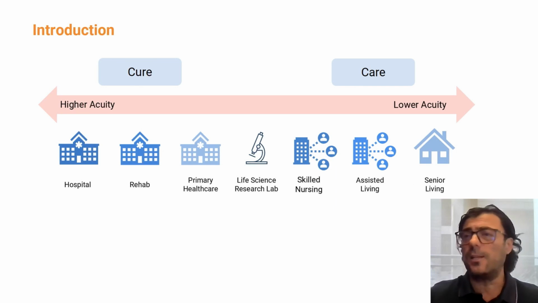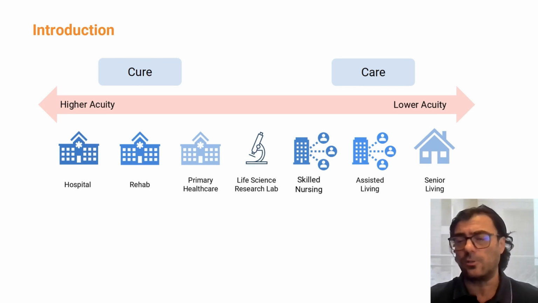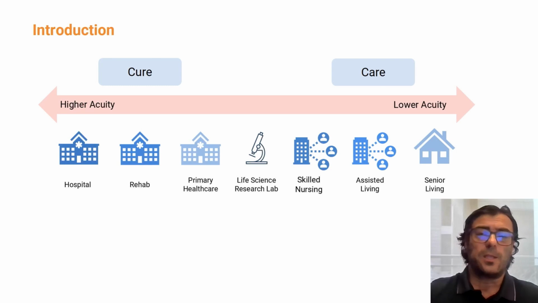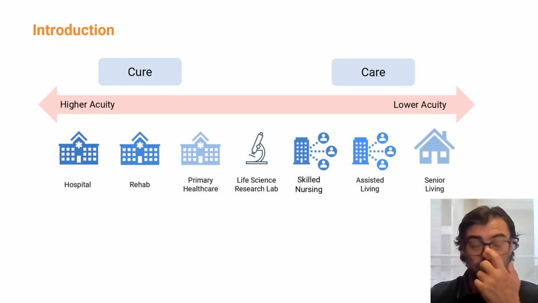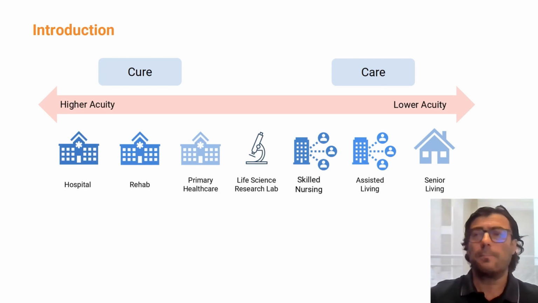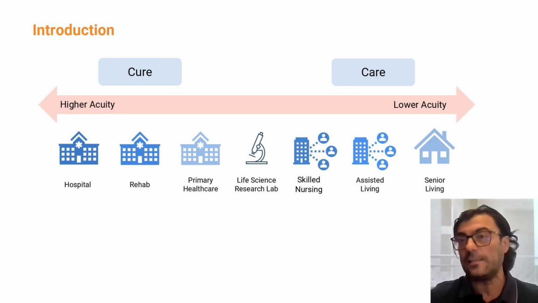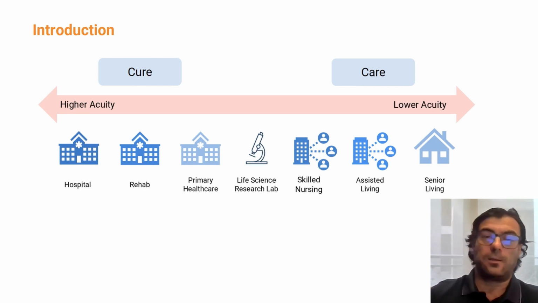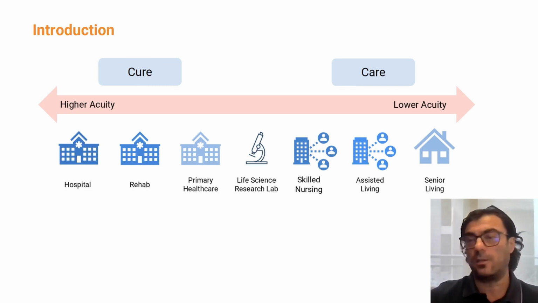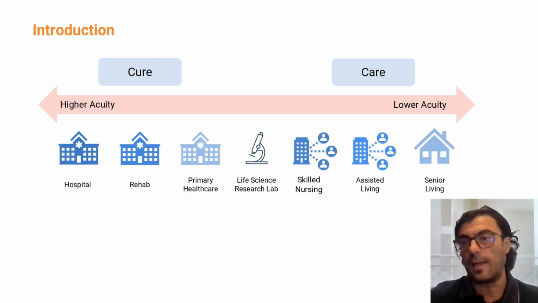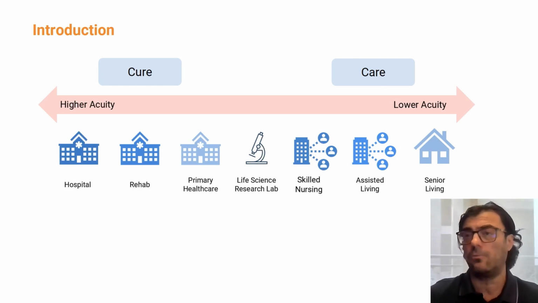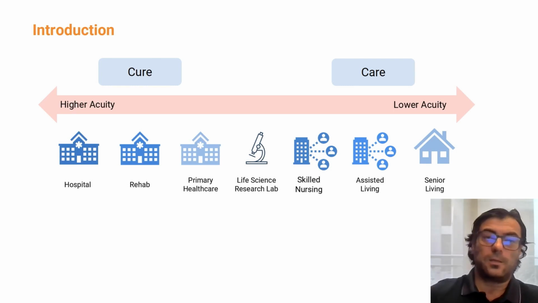Senior living is really independent living. To a certain extent, it could be just normal residential properties, but it is slowly emerging as a well-defined sector addressed to active adults. Okay, so people that, when they reach a certain stage of their life, maybe they retire from active work, have different requirements to live.